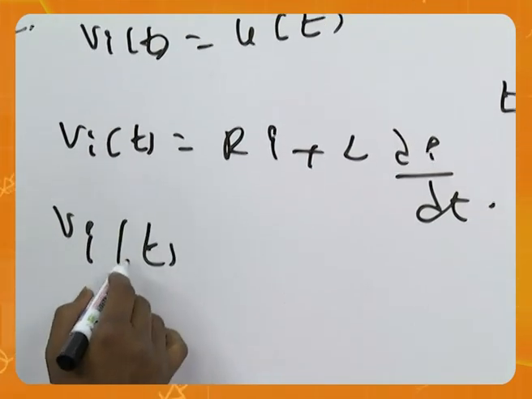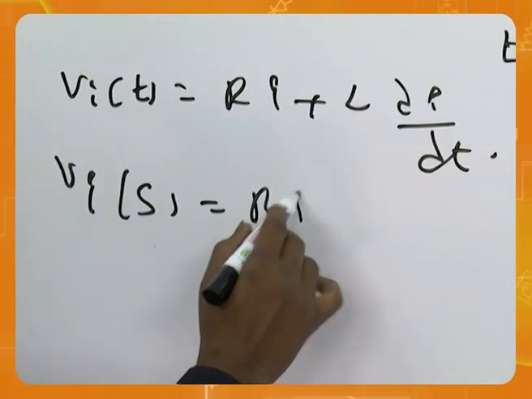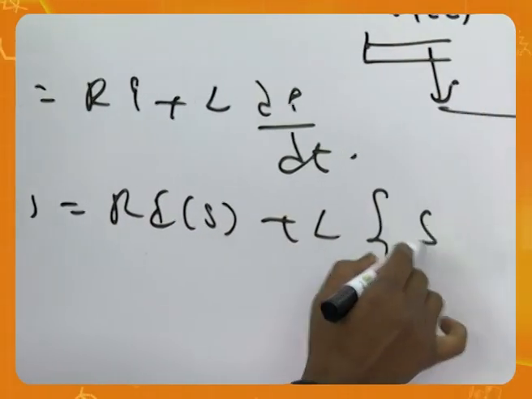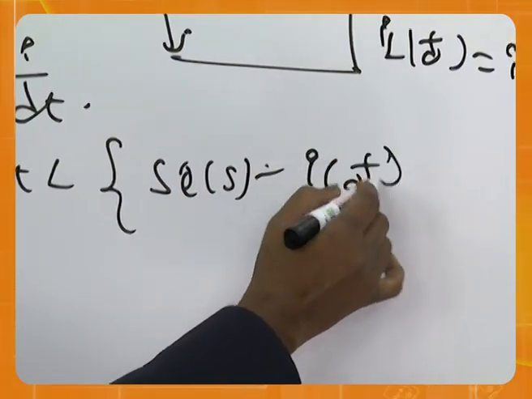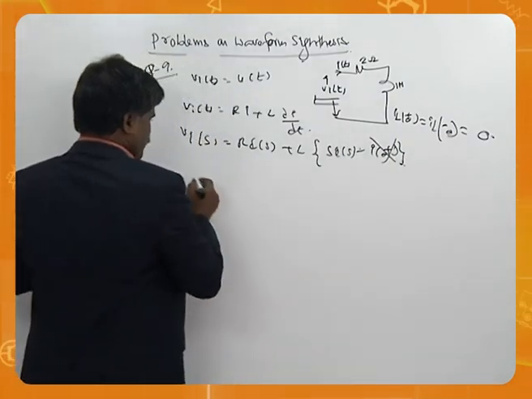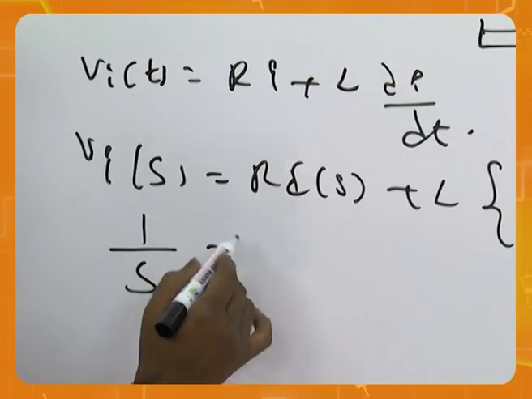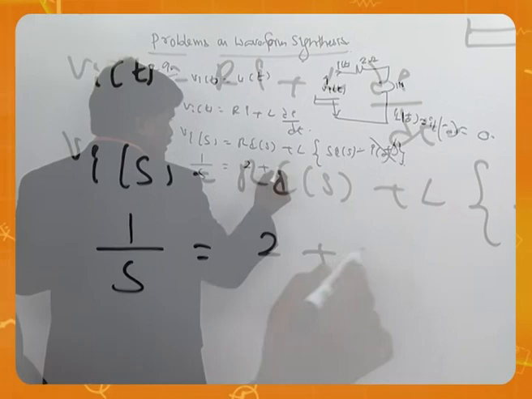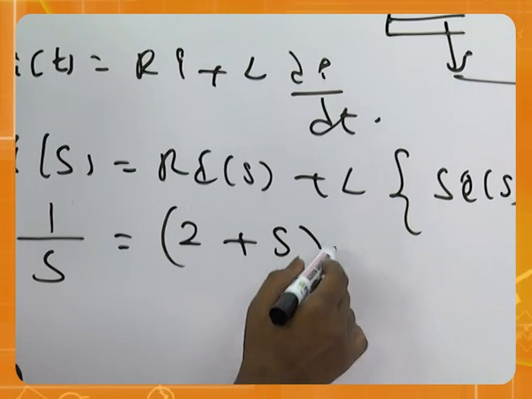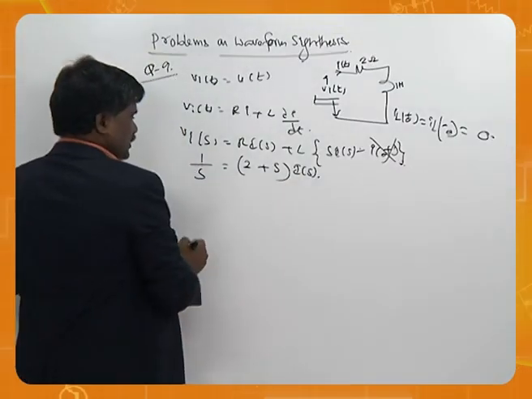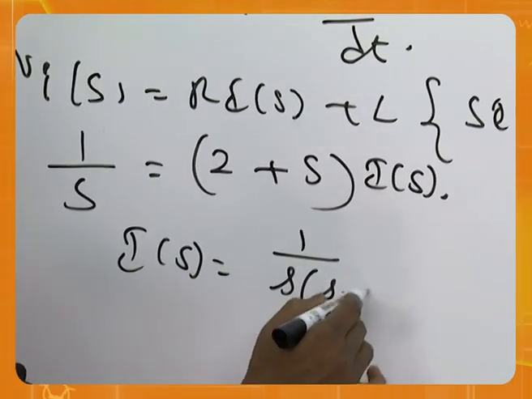If you take the Laplace transform, R into I of s, plus L into s I of s minus I of 0 plus. This is 0. How much is Vi of s? He said u of t. That means 1 by s equals 2 plus L, which is 1, into I of s. Therefore, I of s is equal to 1 by s into s plus 2.